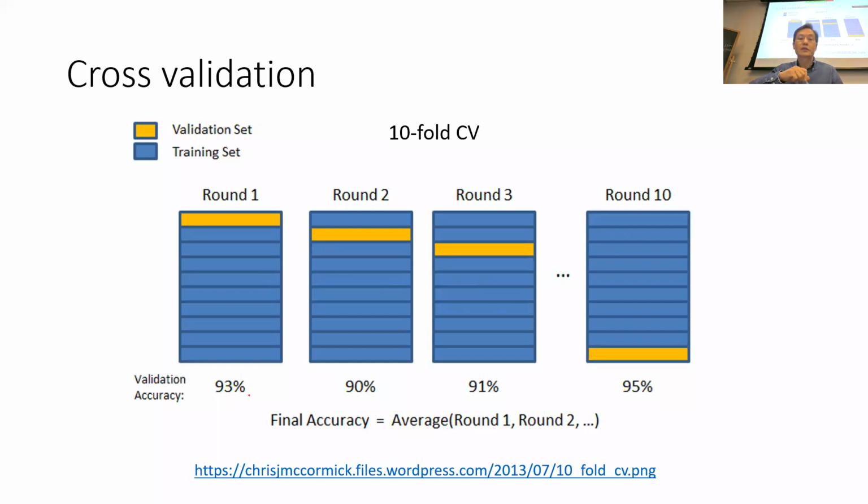You can compute the accuracy of your classifiers after training with 90% of data. So you repeat this 10 times and take the average. Then you have the final average accuracy, maybe 93% in this case. Is that clear? Okay.